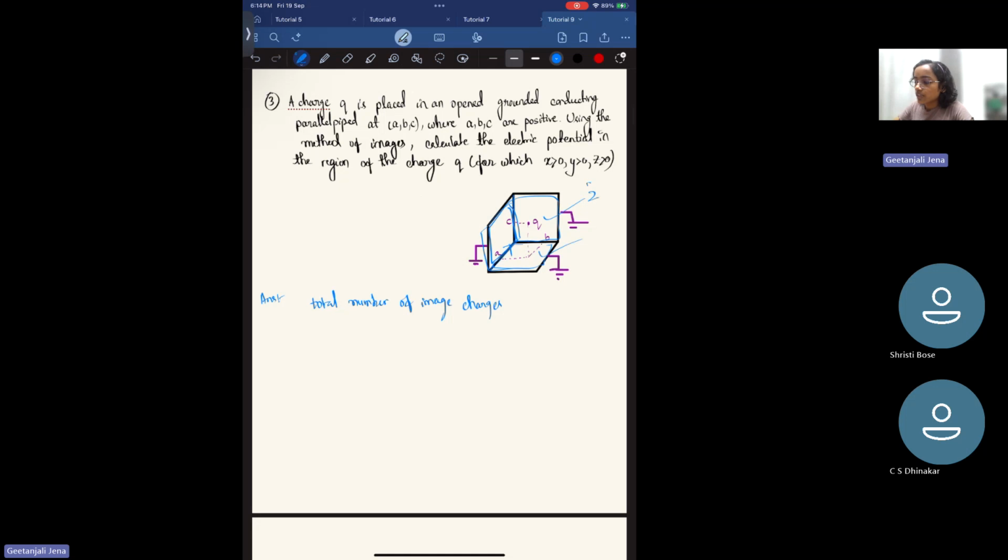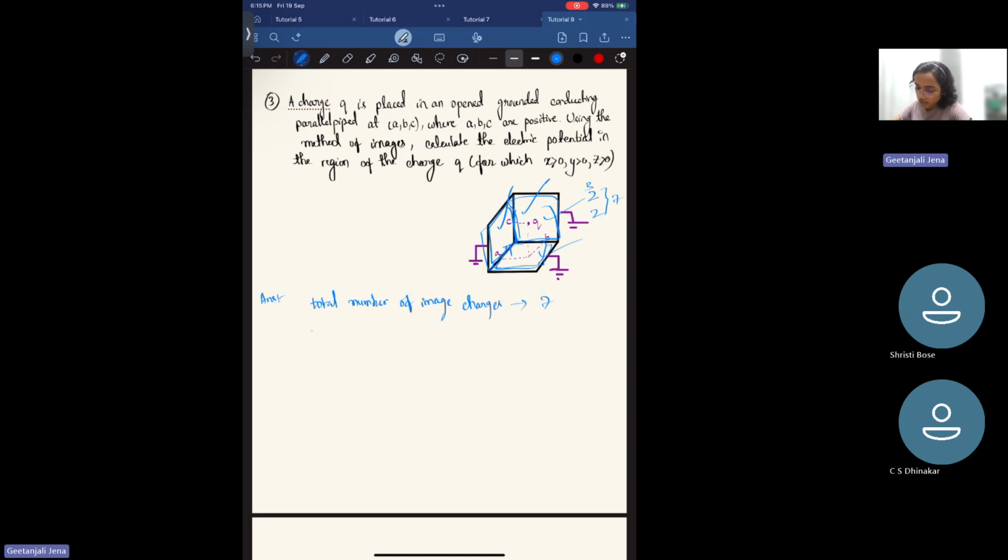So total 2 will be there, and for these two planes will have 3 more, but one will be common. So that is why 2 will be there. So total will be 7 image charges.